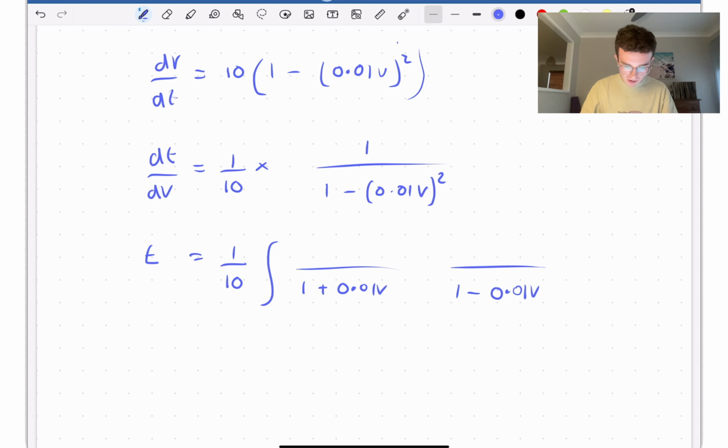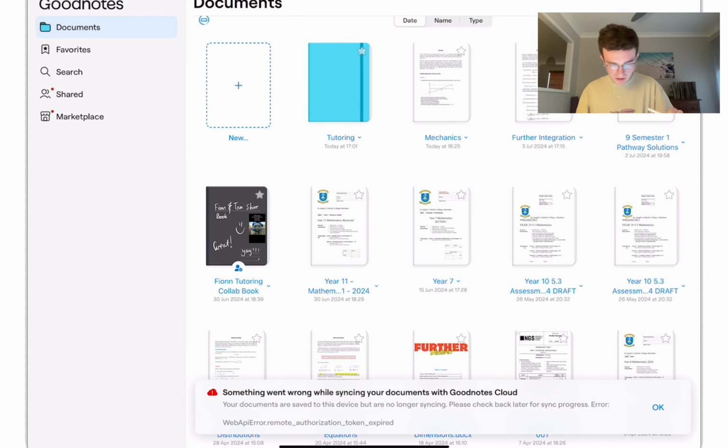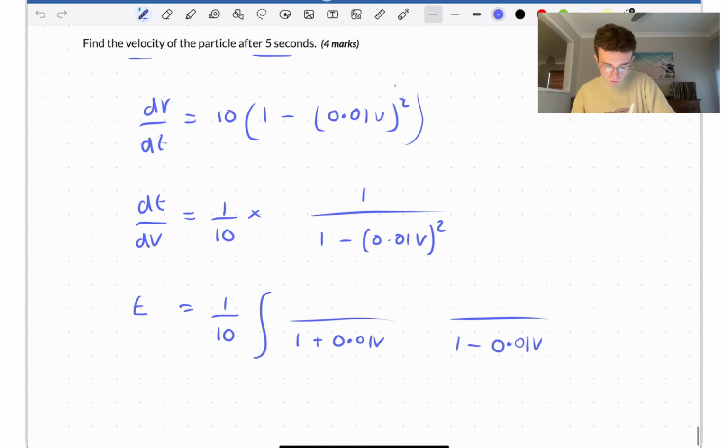Now using our cover-up method, we've got to think, what do I have to make this be equal to get zeros? 1 plus 0.01 v equals 0, so v equals minus 1 over 0.01. So 100 is our magic number that we're dealing with here.